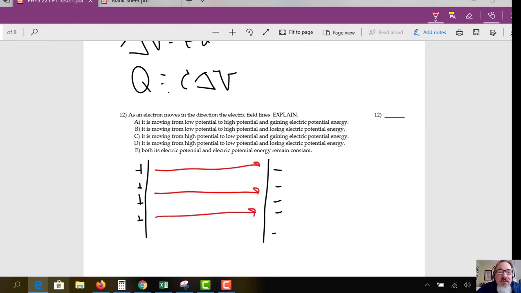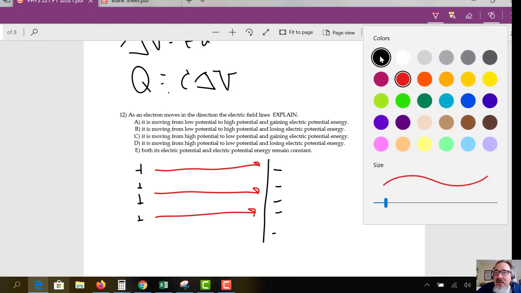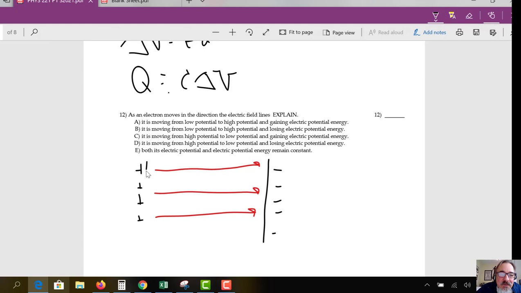So we know we're going, well, let's see what it says here. The electron moves in the direction, so the electron's going this way. So what's the electron doing if it's moving this way? Well, somebody must have pushed it that way to begin with, or it wouldn't be moving that way. So maybe it was actually, oops, I want to completely get rid of it. Maybe it was shot in here somehow.